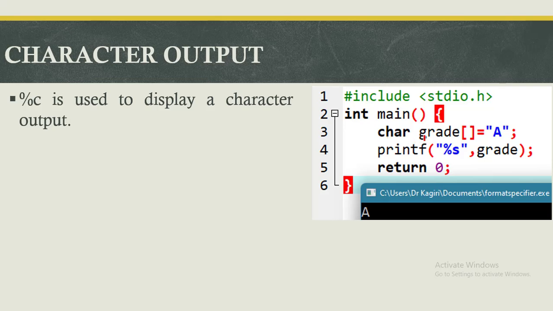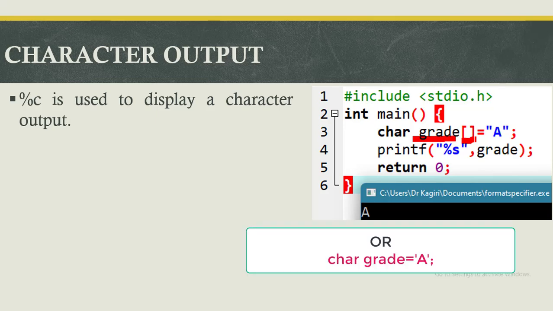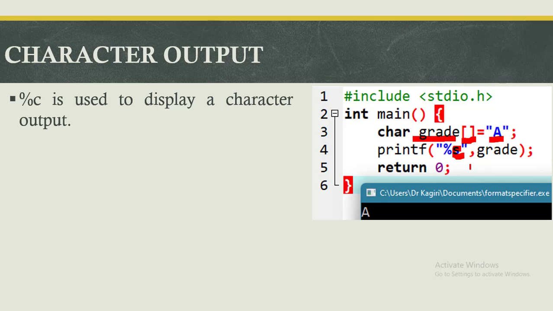The next one is a character output. We can declare a variable, which we are calling grade. We always put those two square brackets that might specify the number of characters that can be stored. In the example here, we have specified a grade of A, and sorry, this is supposed to be a C, because what we want to display there is a single character. %c is used to display a character output.